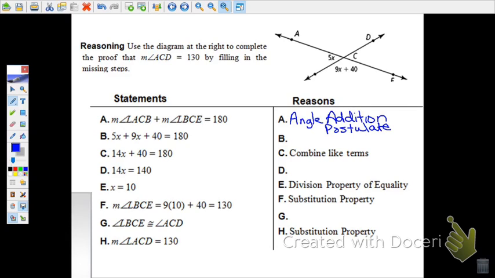Because they form a straight line, they make that linear pair, we know that they have to add up to 180.